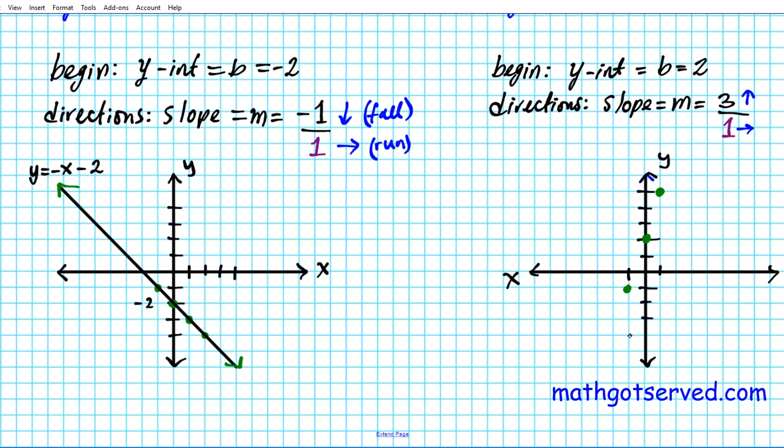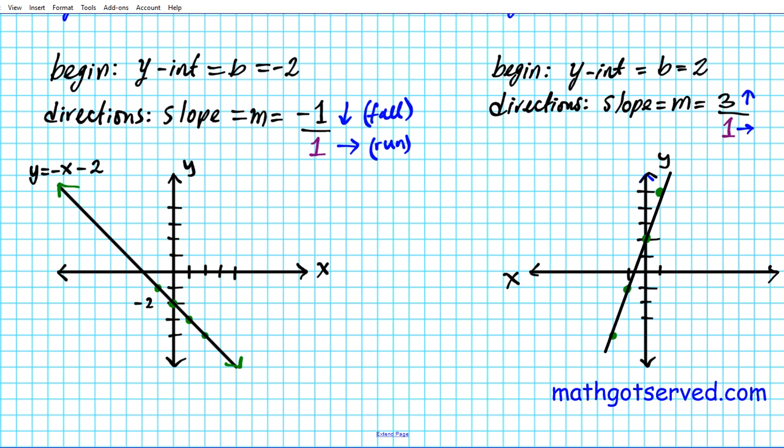Fall 1, 2, 3, and go back 1. All these points fall on the same line. If you start from this line, you rise 3, run 1. You end up here, rise 3, run 1, rise 3, run 1. The slope is always constant for linear functions. Okay, constant means it stays the same.